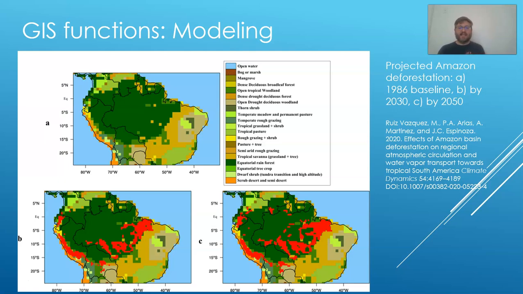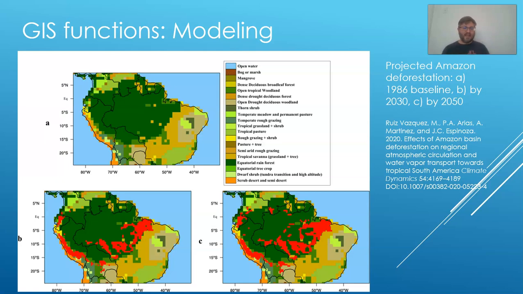So that was 1986, what areas had rainforests in them, what areas had other kinds of ecosystems. Then they use their model to project to 2030. And all the areas in red on map B are the areas that they predict will be deforested by 2030. And then map C puts the projection out to 2050.